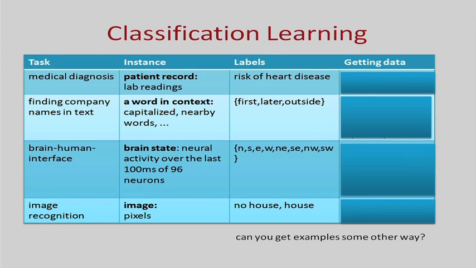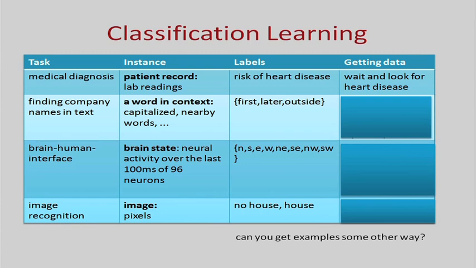Now, how do you get data for the learning problem? For example, in the medical diagnosis problem which we have seen, in order to get data, when you have a patient, you find out the different parameters of the patient, and you have to wait for the next several years to find out did the patient get heart disease or not.